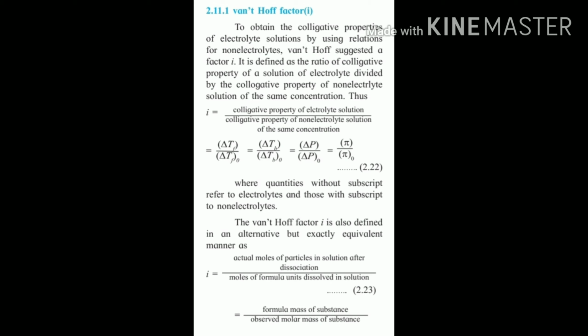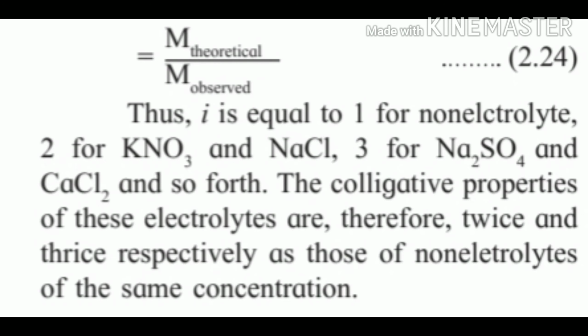Actual moles of particles in solution after dissociation upon the moles of formula units dissolved in solution, or you can even write it as formula mass of substance upon the observed molar mass of substance, or you can also write it as M theoretical upon M observed.